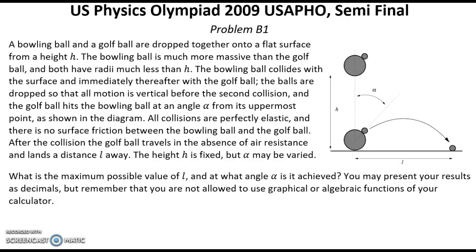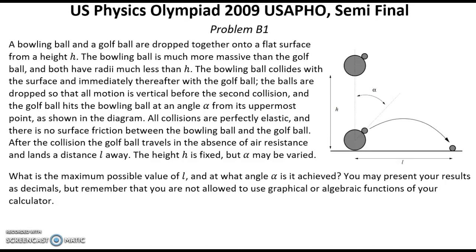The balls are dropped so that all motion is vertical before the second collision, and the golf ball hits the bowling ball at an angle alpha from its uppermost point, as shown in the diagram. All collisions are perfectly elastic, and there is no surface friction between the bowling ball and the golf ball.